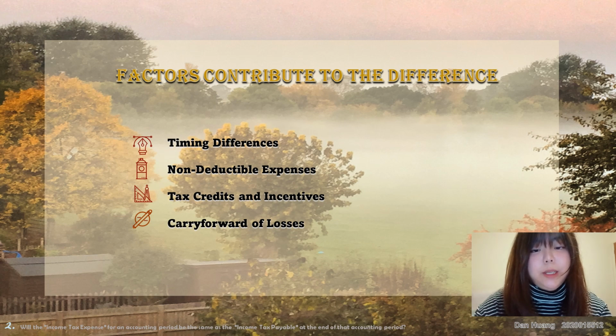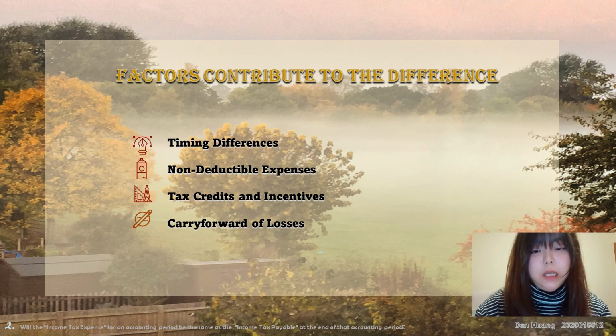Thirdly, tax credits and incentives. Companies may be eligible for tax credits or incentives provided by the Australian government. This reduces the effective tax rate, resulting in a lower income tax payable than the income tax expense recognized in the financial statements. Lastly, carry forward of losses.